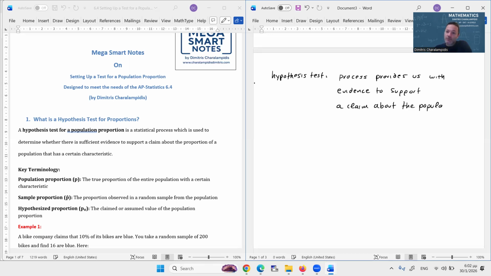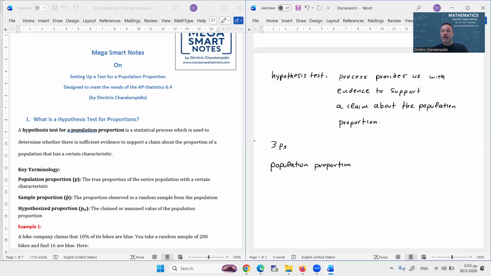We will be talking a lot about proportions, but you should keep in mind that there are actually three different types of proportions in all these exercises. It's what I call the three P's. First of all, we have the population proportion. The population proportion can be found if we examine one by one all the individuals of a population.